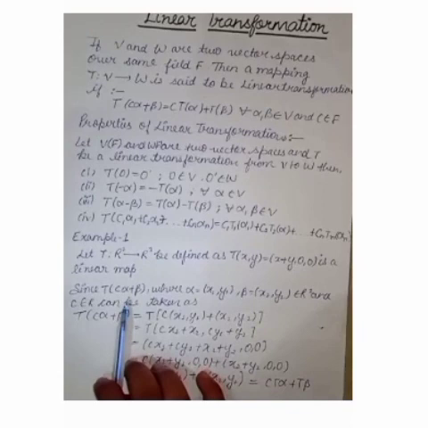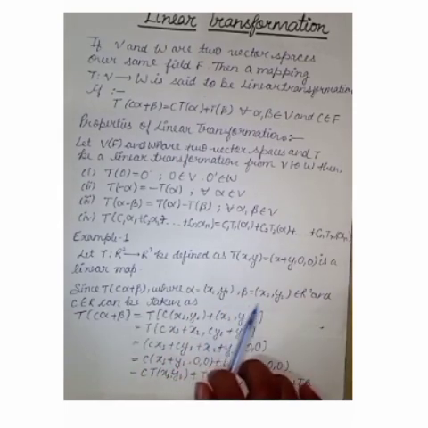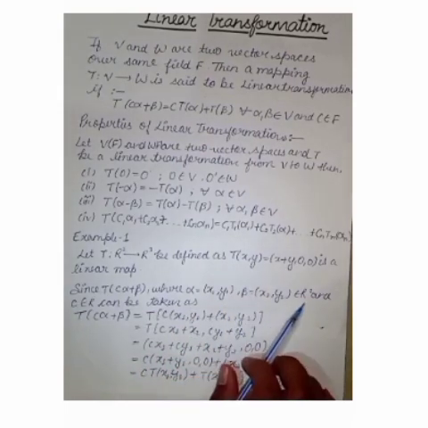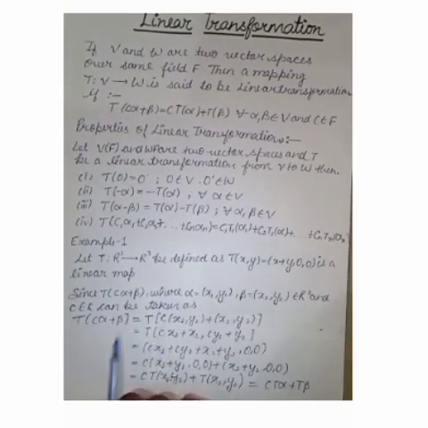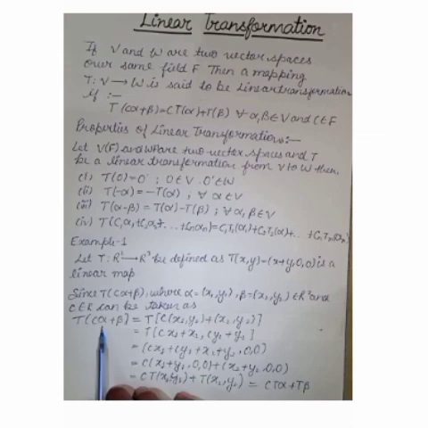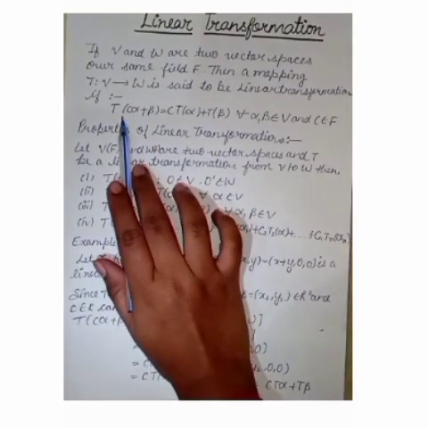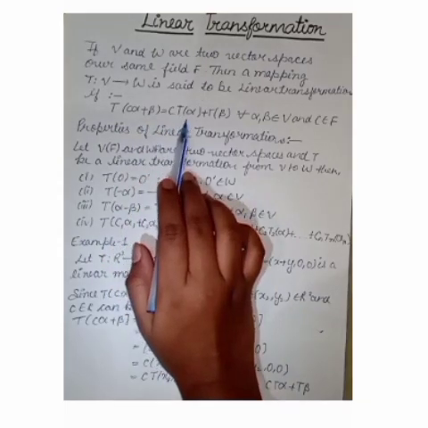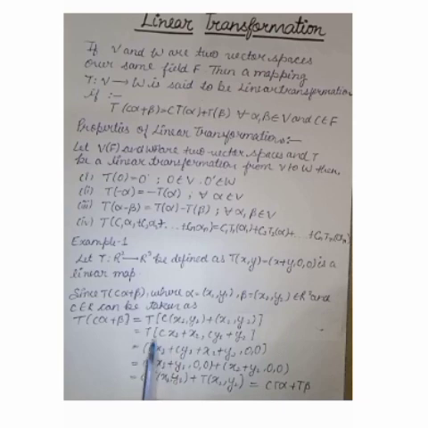Since T(C alpha plus beta), where alpha equals (x1, y1) and beta equals (x2, y2) belong to R square and C belongs to R, we will satisfy the condition of the linear transformation, that is T(C alpha plus beta) equals C T(alpha) plus T(beta). So we will show this here.